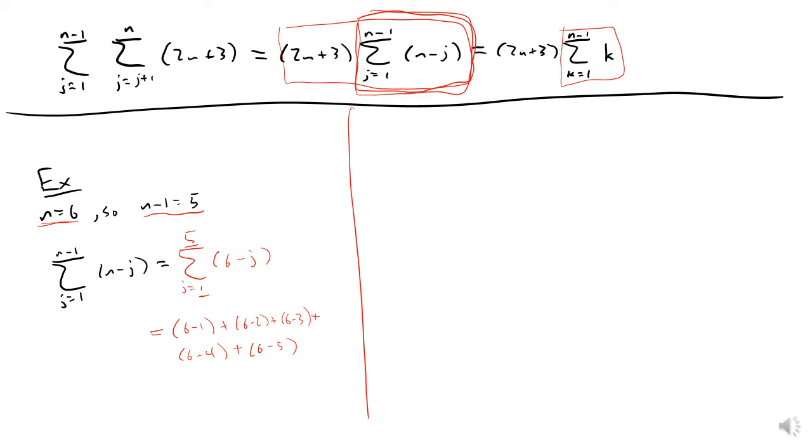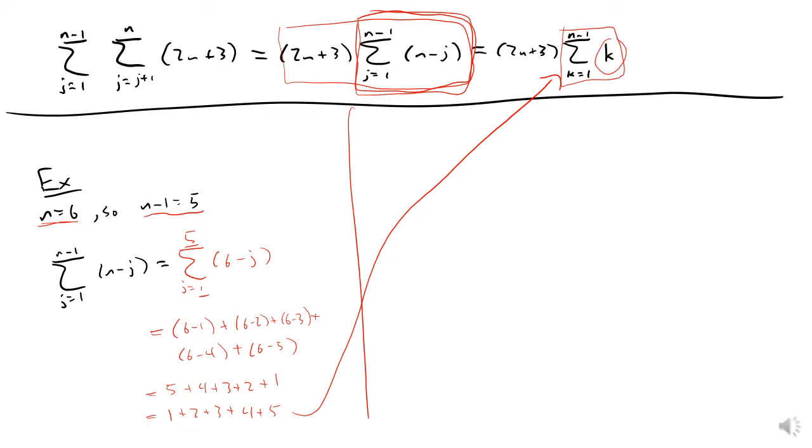If I think about each of these terms, this is 5 plus 4 plus 3 plus 2 plus 1, which is really no different from writing 1 plus 2 plus 3 plus 4 plus 5, which is exactly the sum we have here. We're starting at 1 and stopping at 5, which is n minus 1, and we're just adding whatever my index number is.